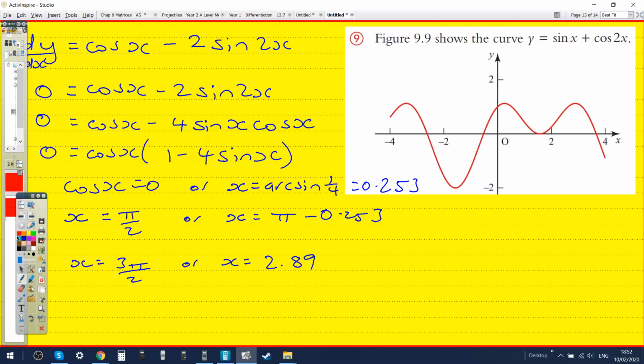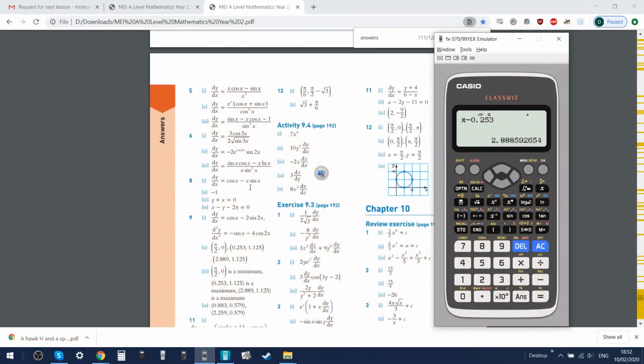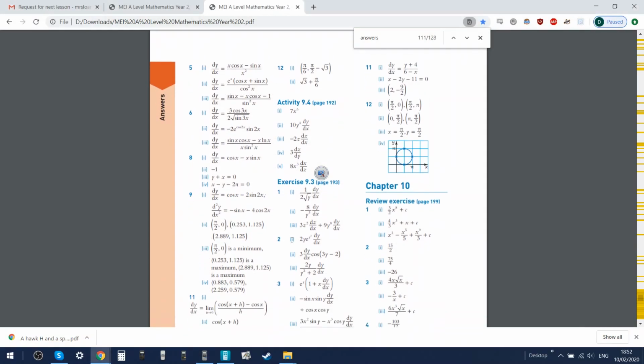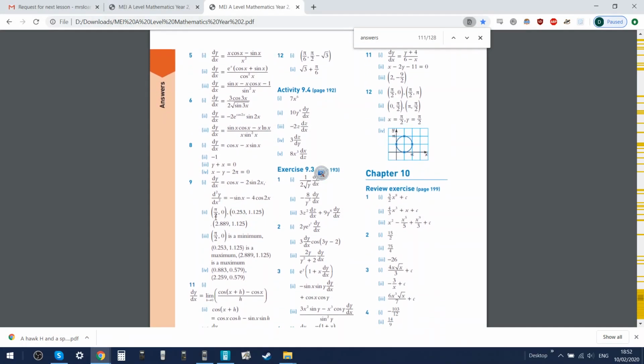So this is bigger than pi, so that's outside the range. So I think it's just these three: 0.253, 2.89, and pi over 2. I believe so. So pi over 2, 2.889.